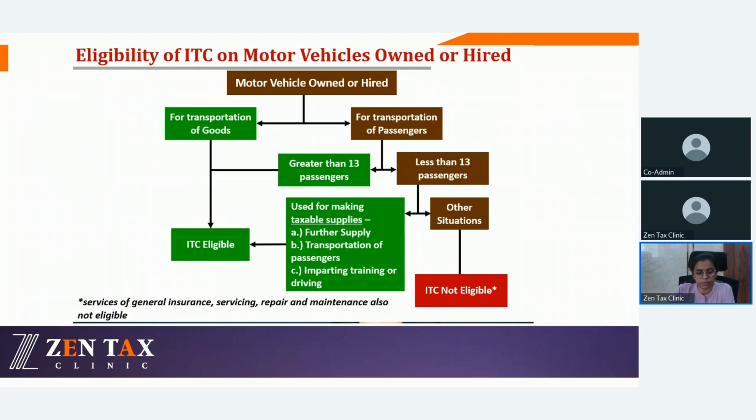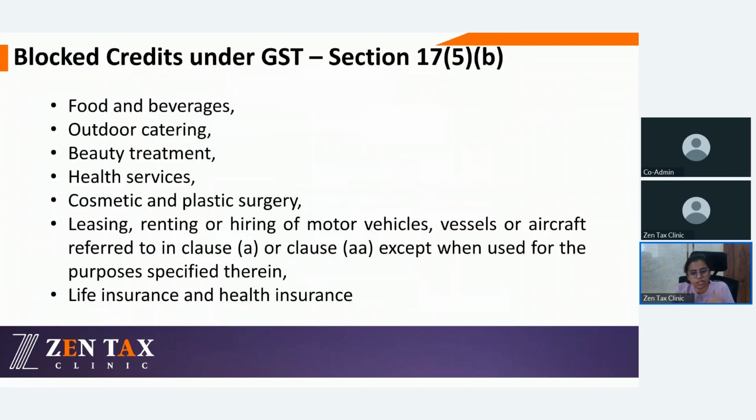With respect to B, it prescribes the list of services where ITC is not eligible. It talks about food and beverages, outdoor catering, beauty treatment, health services, cosmetic and plastic surgery. With respect to motor vehicles, it is leasing, renting, or hiring of motor vehicles, vessels or aircraft referred to in clause A and AA.